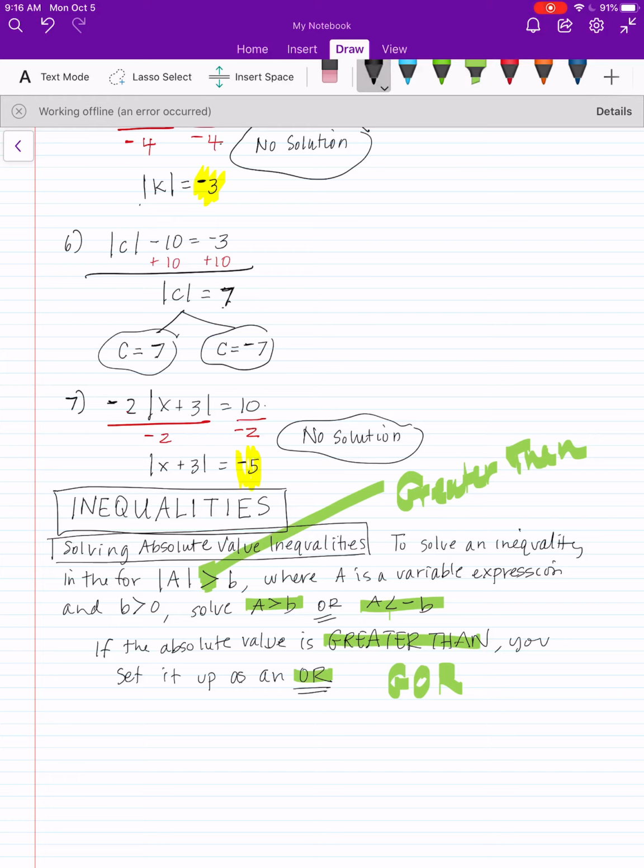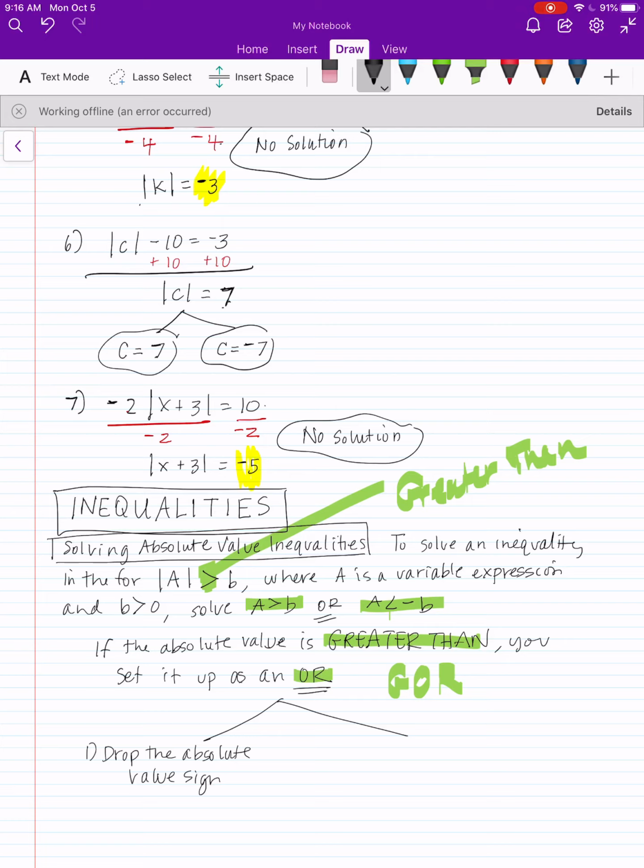In order to do that, you're going to set it up as an OR. The first one, you drop the absolute value sign and keep everything else the same.